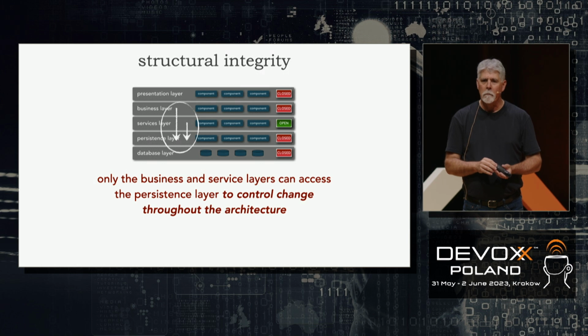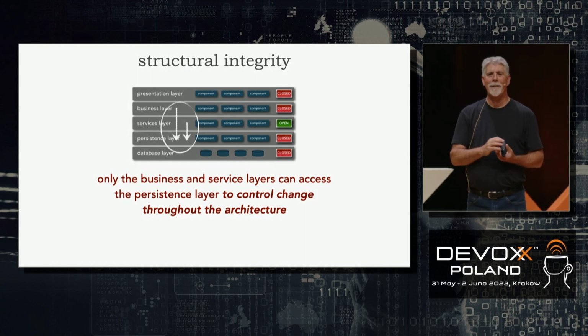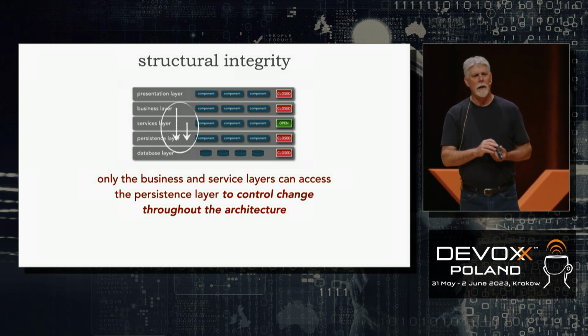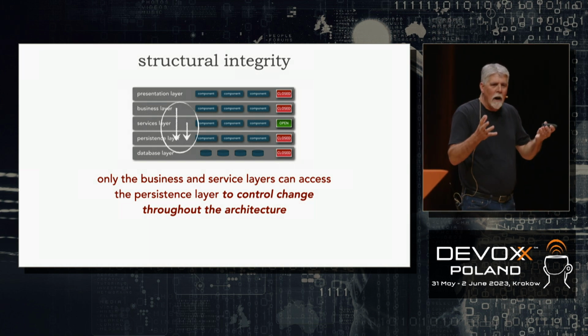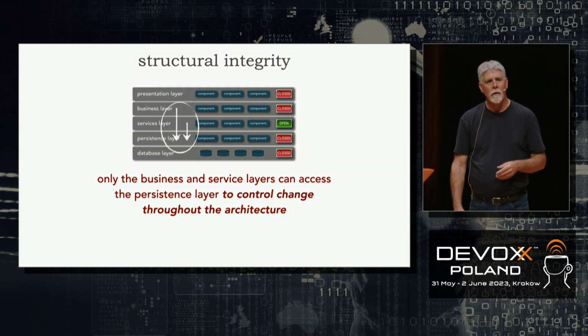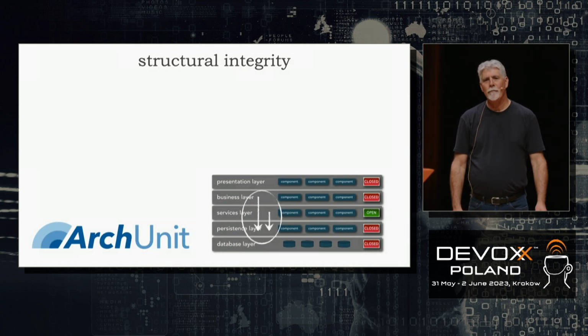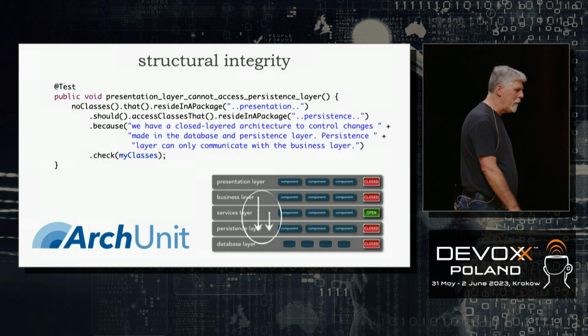Persistent can't. Ha! What do you think the first thing a UI developer is going to do? Oh, they're going to query the database directly because it's much faster. Yes. How do we govern these kinds of structural integrity constraints? Fitness functions. Here is the test for it in ArchUnit, and then I'm going to show C#.